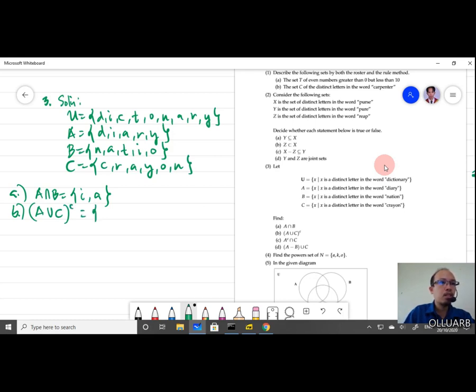Second is the complement of A union C. For A union C, you have to write all the elements of both A and C. So we have D, I, A, R, Y. From C we have N, A is common, T, I is common and already here, O. Then take the complement based on the universal set, which is dictionary.